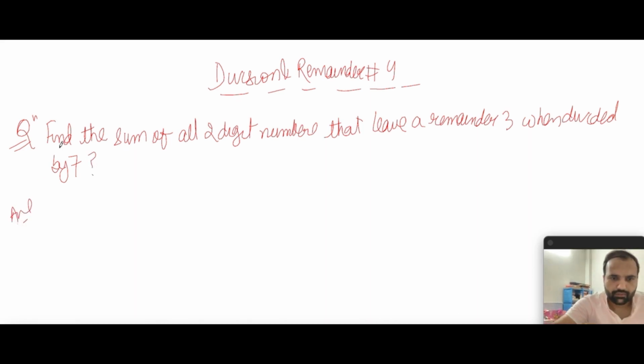Again, the question says to find the sum of all the two-digit numbers that leave a remainder 3 when divided by 7. So again, we need to see the question once more.